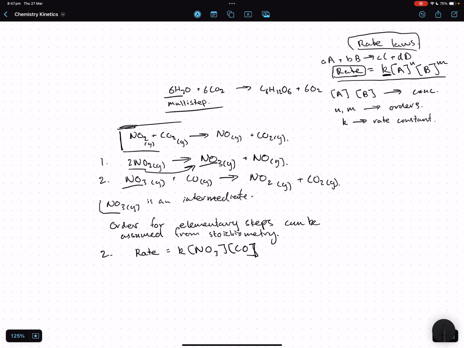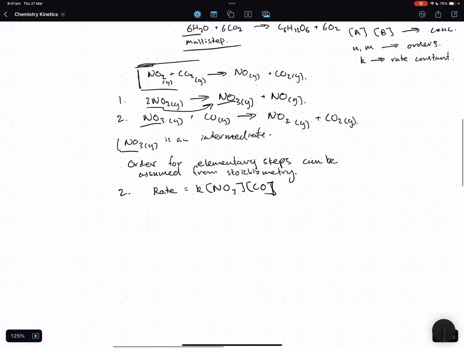And that works out. Let's say we had another elementary step which looked like, let's say, 3 O2 turns into 2 O3. This is just completely random. I don't know if this is something that actually occurs, but let's say it does.